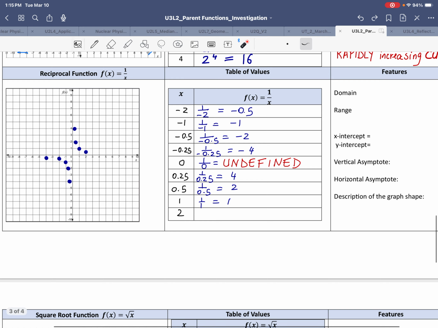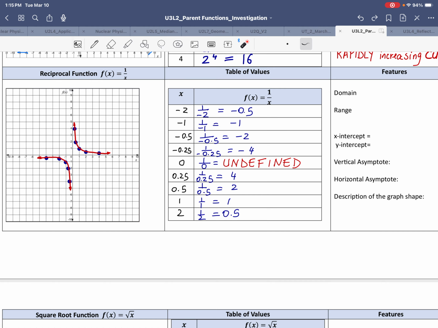And when x equals 2, we're going to have y equal to 1 over 2, or 0.5. We can continue this a little bit further. So when x equals, let's say, 4, it's going to be 1 over 4. I think that these are enough points for us to draw the graph.